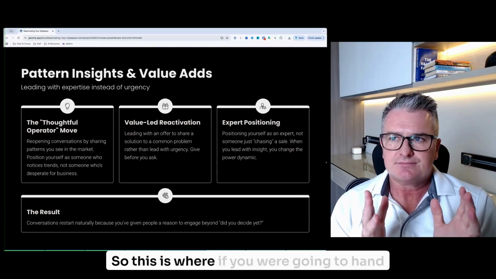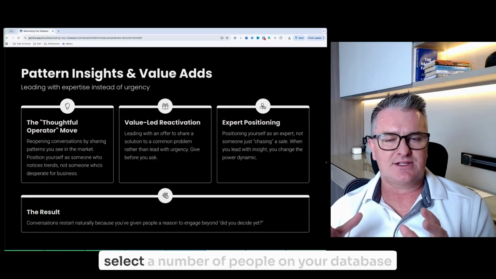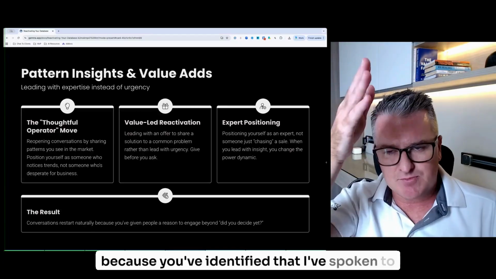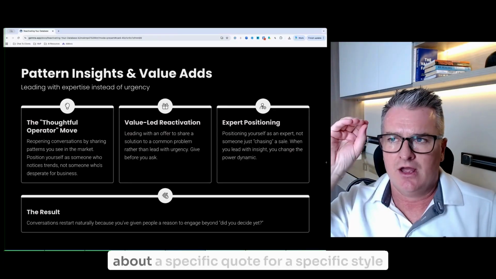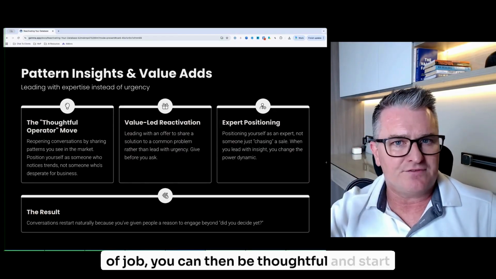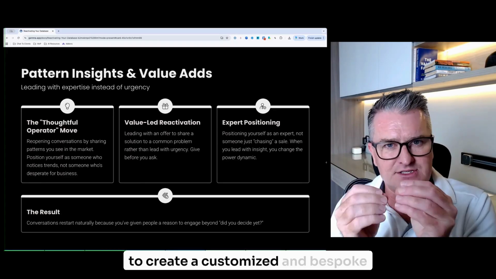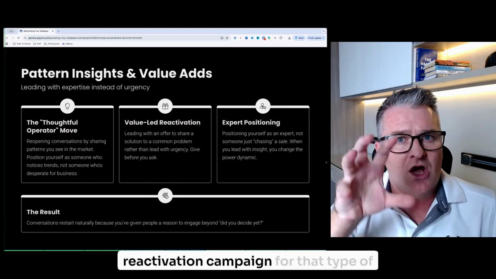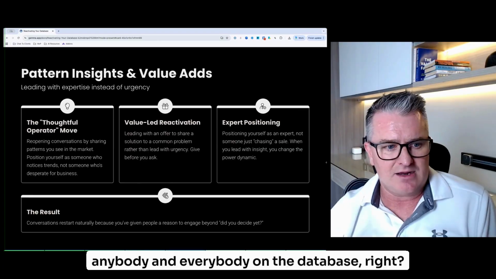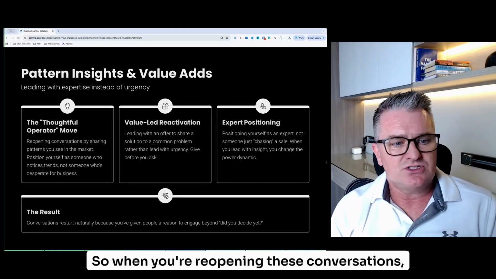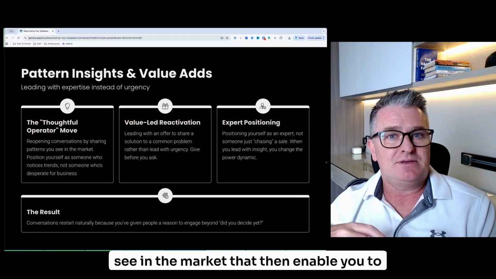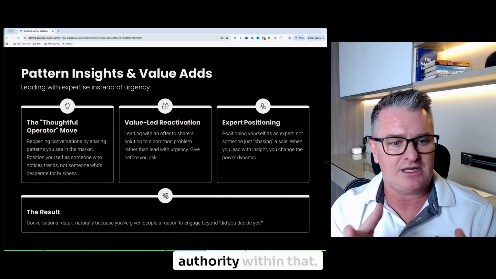If you were going to hand-select a number of people on your database because you've identified that you've spoken to these people within 3 to 6 months ago about a specific quote for a specific style of job, you can then be thoughtful and create a customized, bespoke reactivation campaign for that segment of people, versus just anybody and everybody on a database, right? When you're reopening these conversations, you're sharing patterns you might see in the market that enable you to position yourself as that expert, that authority.